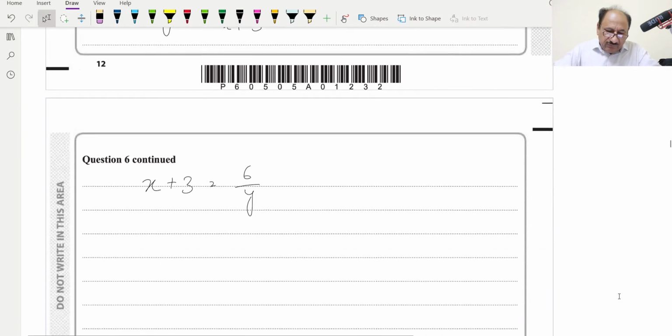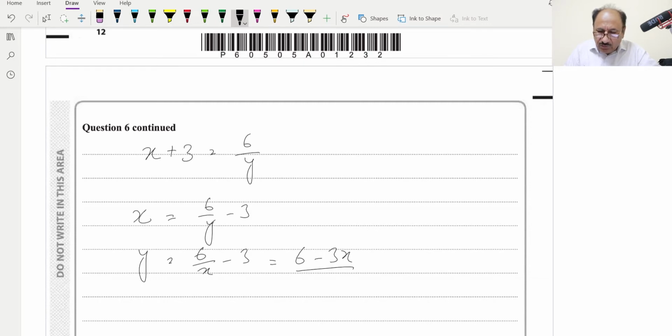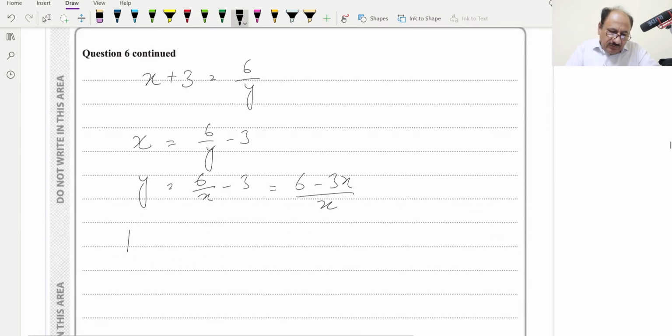Now we can shift 3 also to the other side, so x will be equal to 6 over y minus 3, and now we can swap x and y, so y will be equal to 6 over x minus 3, which we can take LCM and rewrite it as 6 minus 3x over x, by taking LCM, and this will be what?